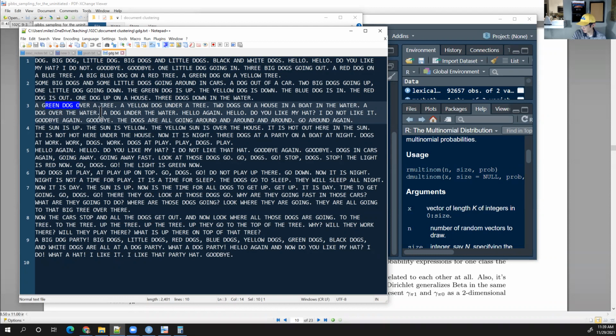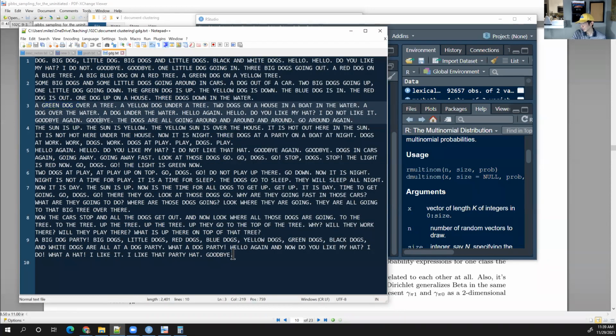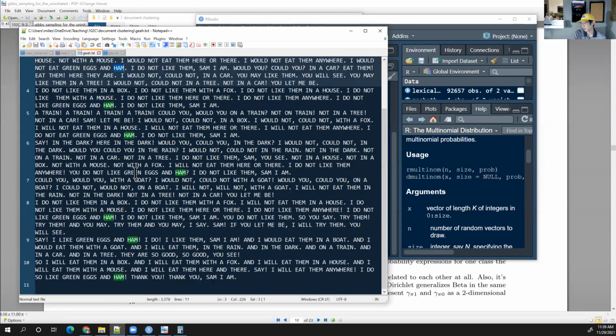Okay, if it says dog, it's going to be a pretty strong indicator that it's going to be from this cluster. Versus if you see things like eggs and ham, it's going to be a pretty strong indicator that it comes from the other cluster, right?